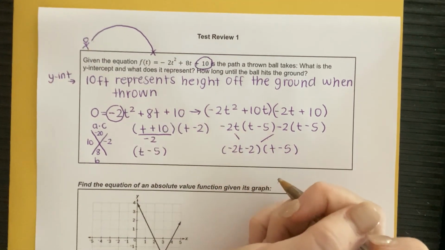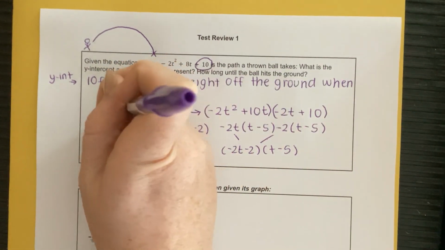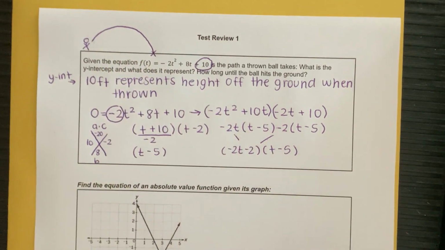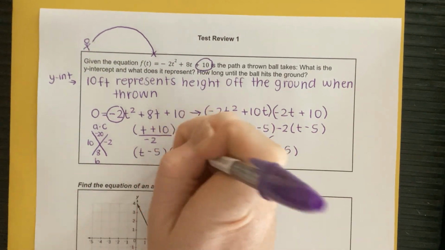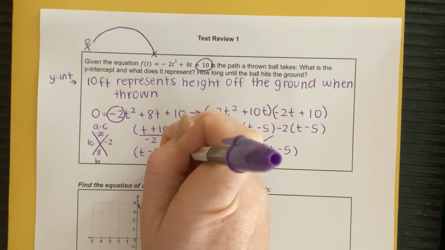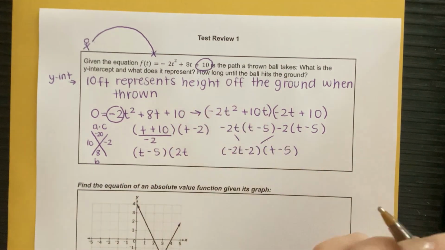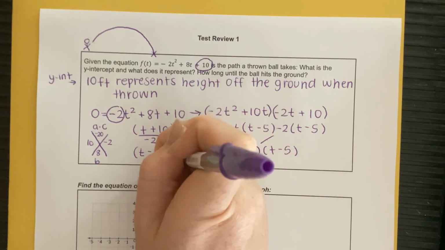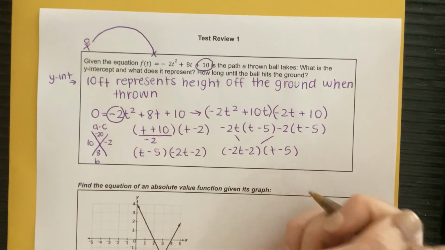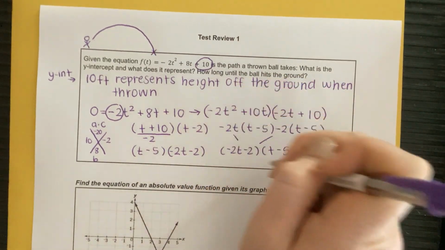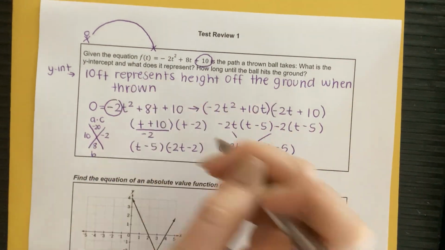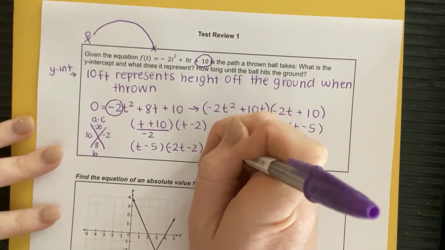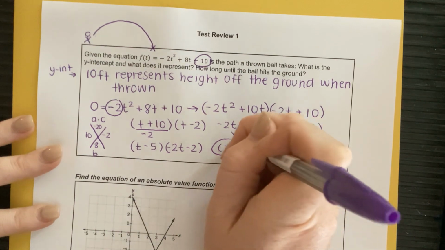And then you always have to have one that has that starting A value. Usually it's the one that doesn't divide evenly, but in this case, negative 2 would also divide here. So you would get negative 2t, you would just pull this out to the front, minus 2. This way is nicer just because it makes a little bit more sense. This way kind of gets ugly. But anyways, this would be your two factors.